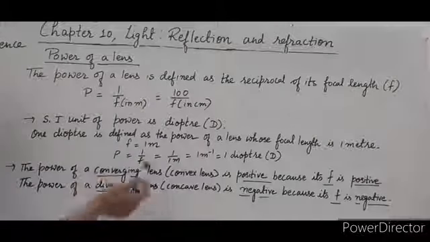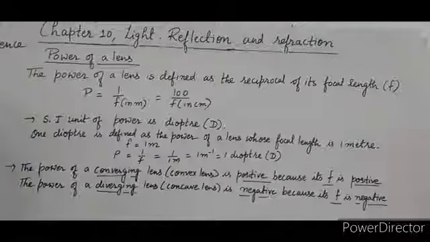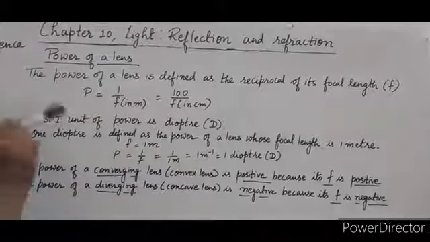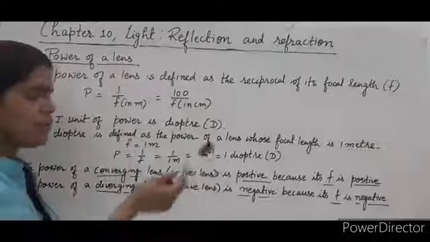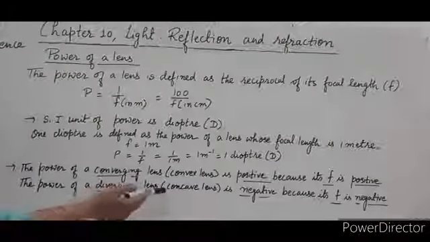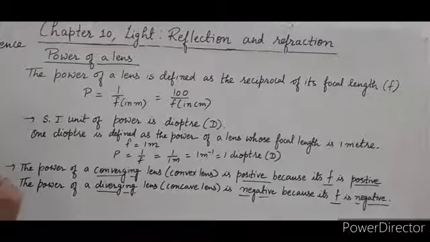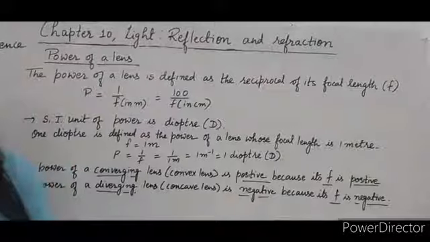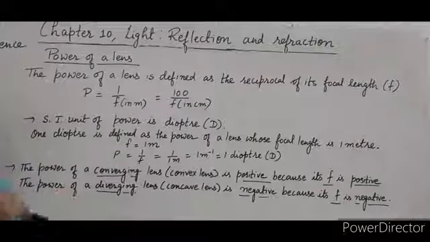A concave lens is used for correction of myopia. So myopic persons have a negative power of eye lenses, because for correction of a myopic eye we use a concave lens. The focal length is negative, so the power is also negative.